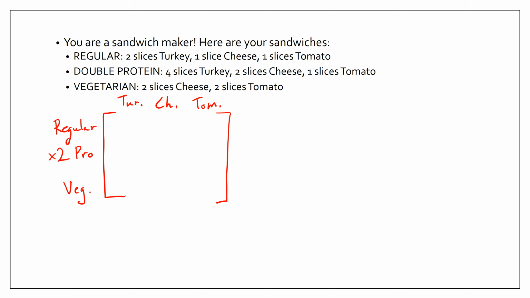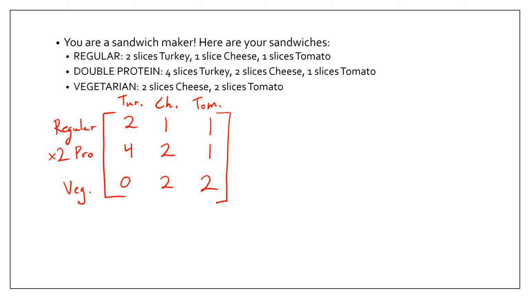And I can store all the information that I need about the sandwiches in this matrix. So for example, for the regular sandwich, I know that there are 2 slices of turkey, 1 slice of cheese, 1 slice of tomato. For double protein, there was 4 turkey, 2 cheeses, 1 tomato, and then for the vegetarian, I guess there was no turkey, so 0, and then 2 cheese and 2 tomato.